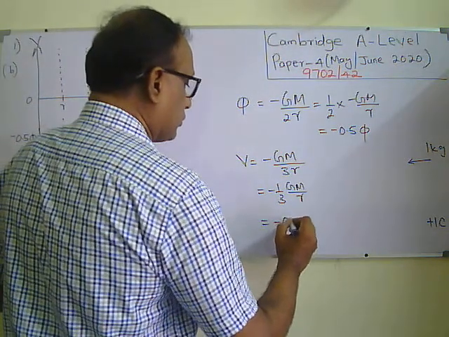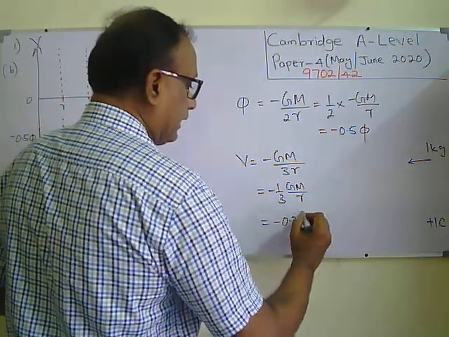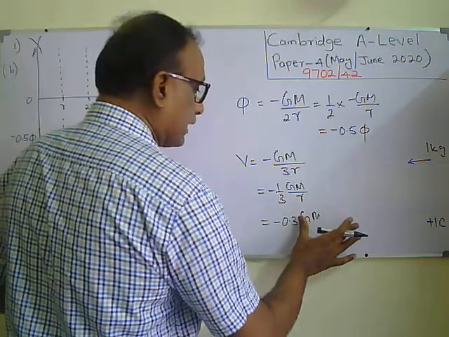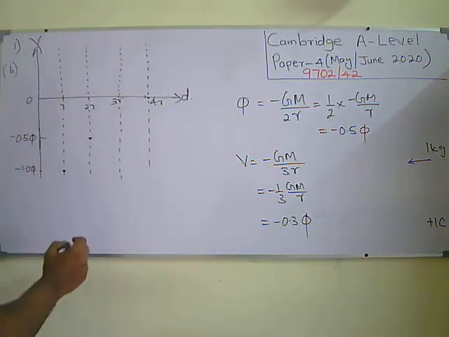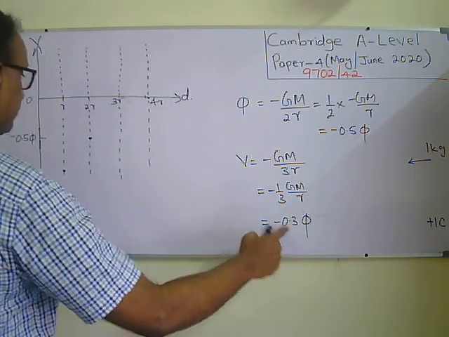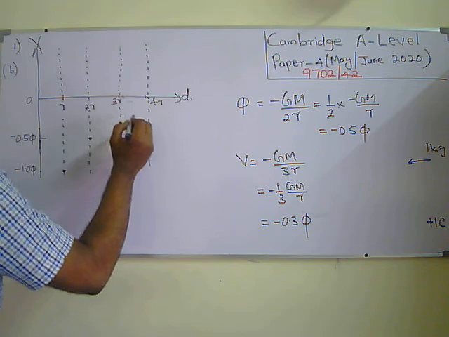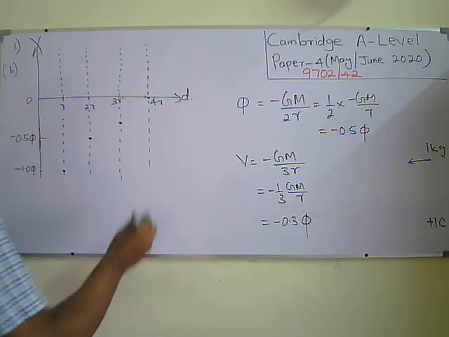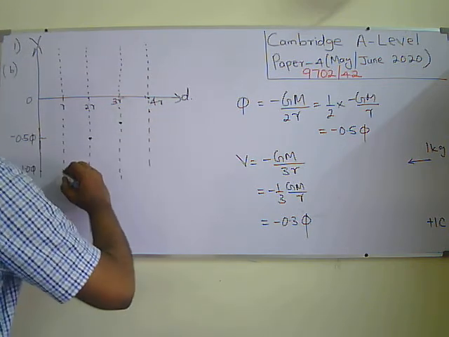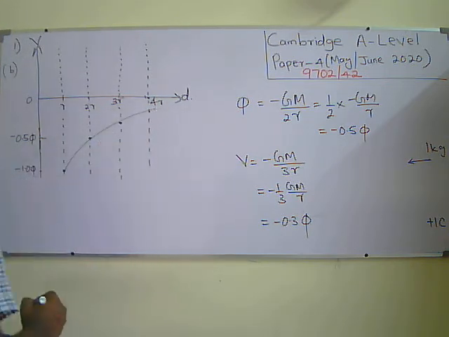So minus 0.33 phi. You should mark it somewhere here. Same way, when it is 4r, it will be minus 0.25 phi. Connect those points and you will get a shape like this. It must be on the negative side.